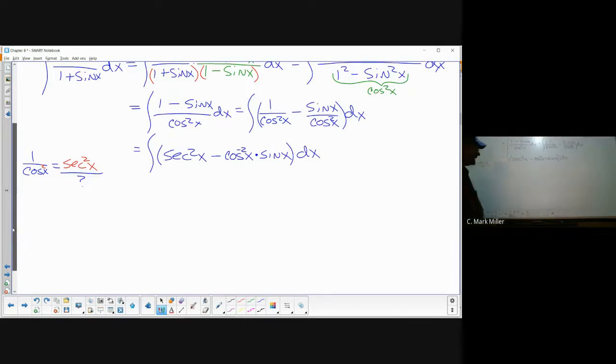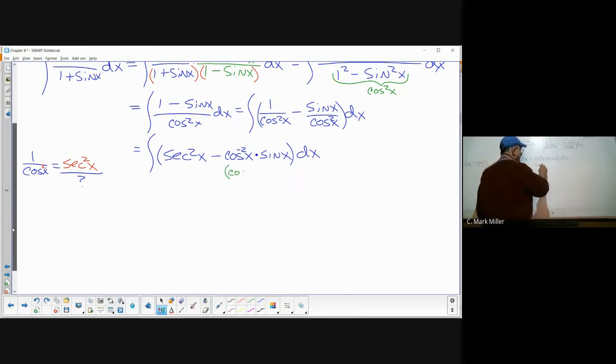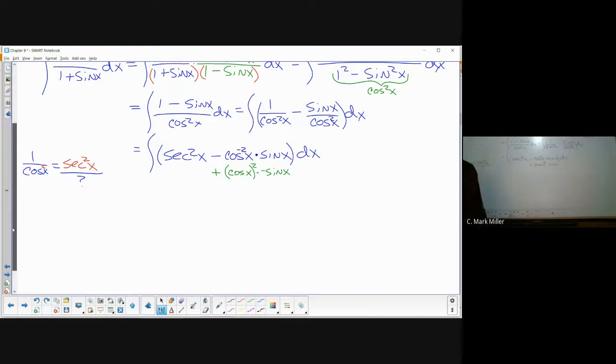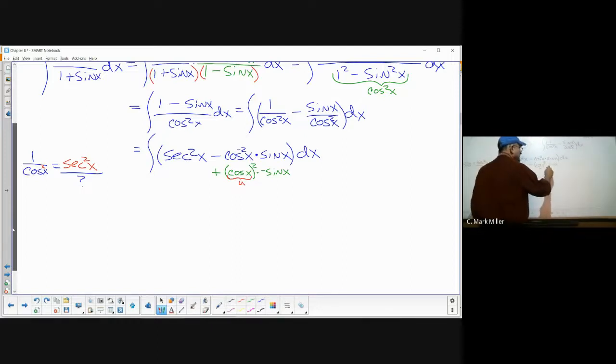Now, this right here equals cosine of x squared. Now, how about if we made that a plus and put minus sine x over here? This is now a u, and this is du.